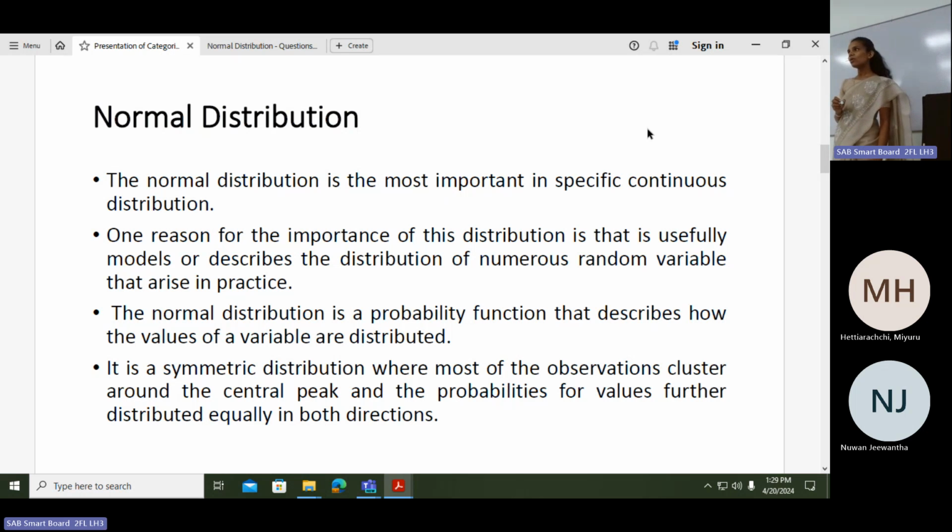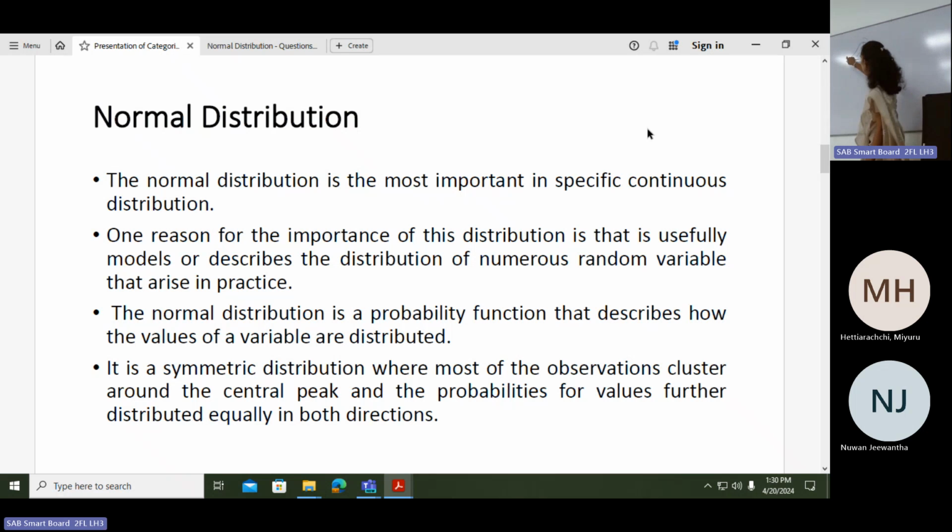Now, do you know what the total probability value is? 1. In this normal distribution, the area under this curve represents the total probability.